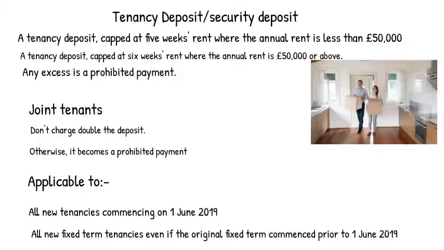Now, the one thing to seriously consider is if you had a fixed term contract that then expired after the 1st of June 2019, and if you're renewing it for another fixed term, regardless of the fact that the original fixed term started prior to the 1st of June 2019, you will need to comply with the cap.